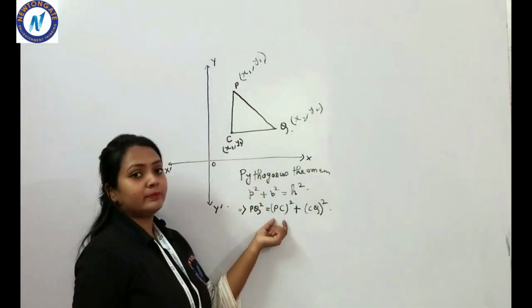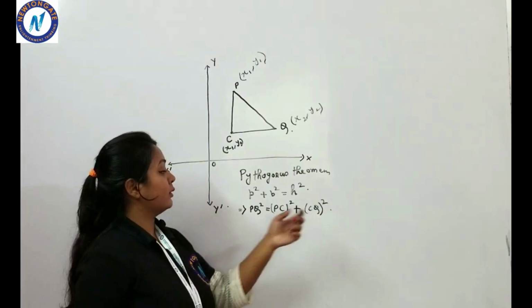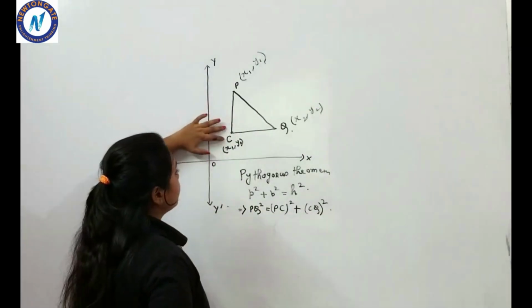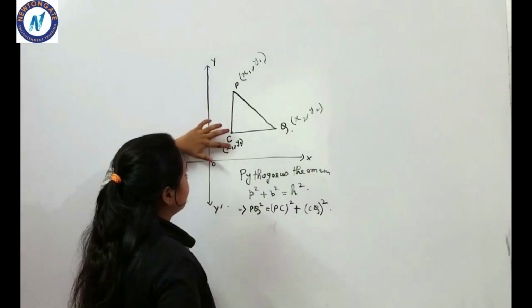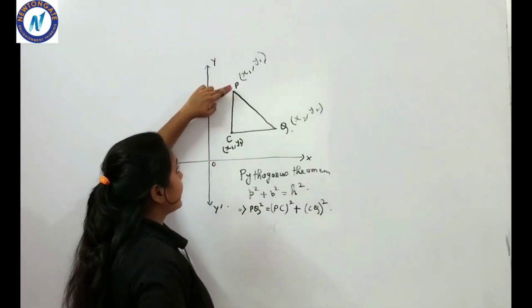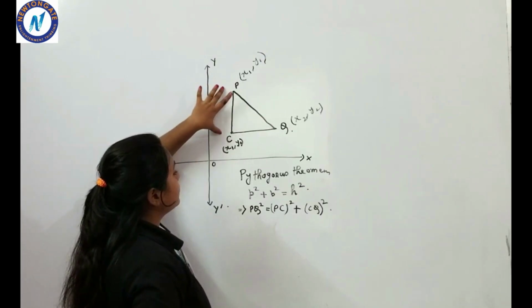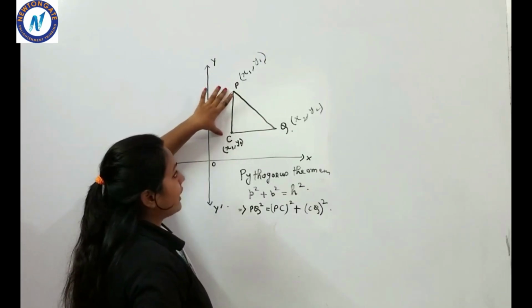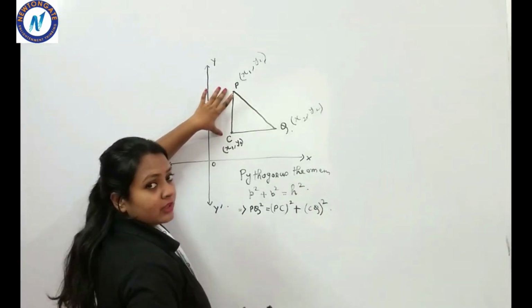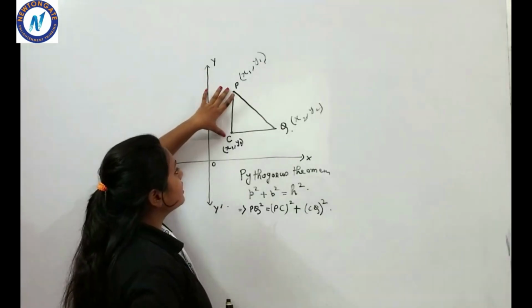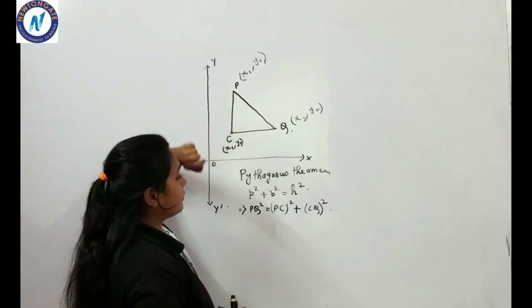Now what is the value of PC and what is the value of CQ? Here the coordinates of C are x1, y2 and of P are x1, y1. We know that if a line is parallel to the y-axis, we find the difference between the coordinates to calculate the distance. So the distance between P and C is y2 minus y1.